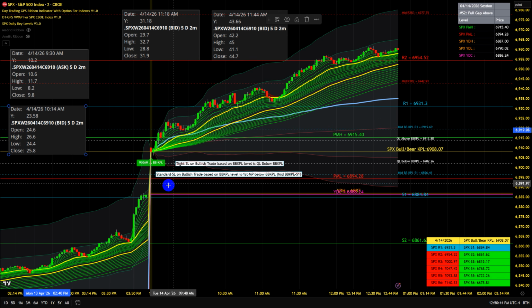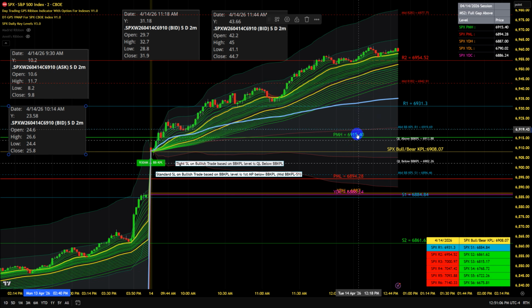In this case, the PMH is somewhat in that vicinity. If it was more in this range, like at the midpoint or above, or somewhere between the midpoint and the R1, but that is the only one for today's session that is going to be before the R1 level.